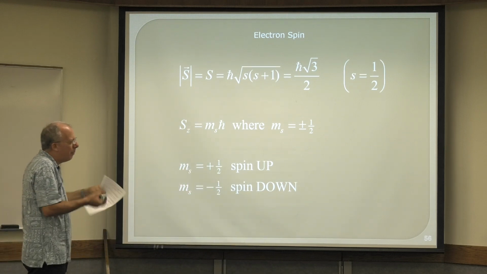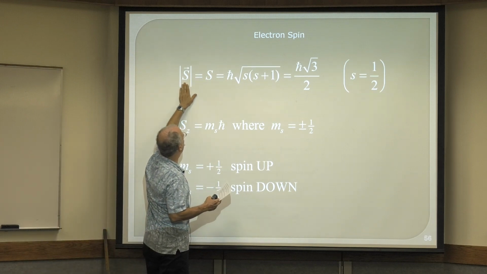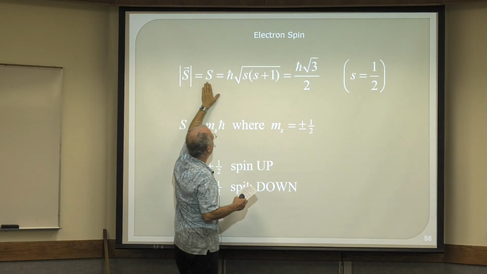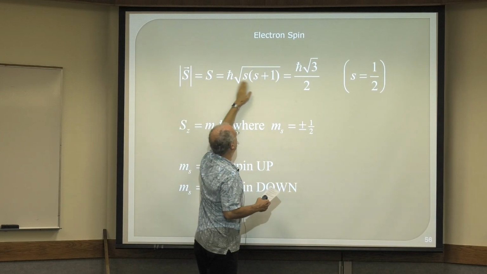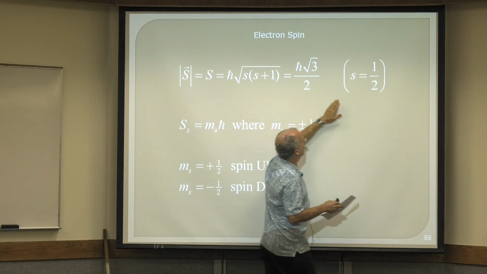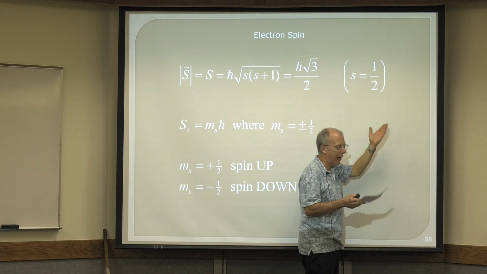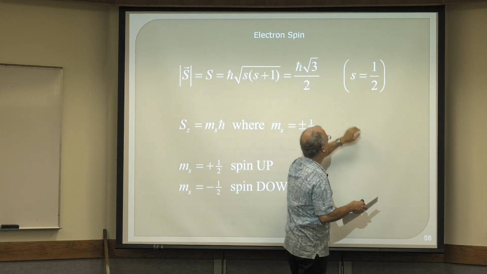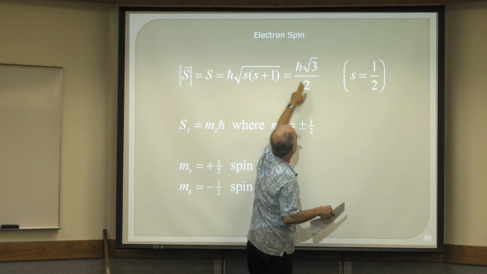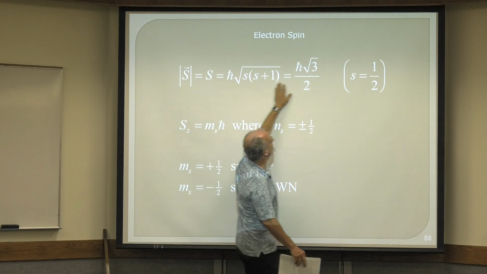So they said the magnitude of the spin angular momentum, which is S, equals h bar square root of s times s plus 1. Does that look familiar? Sure does, right? But they're saying that s only gets a half, or it could be minus a half for the direction. So if s is a half, you put in a half and you get h bar radical 3 over 2. All right? So that's the magnitude.